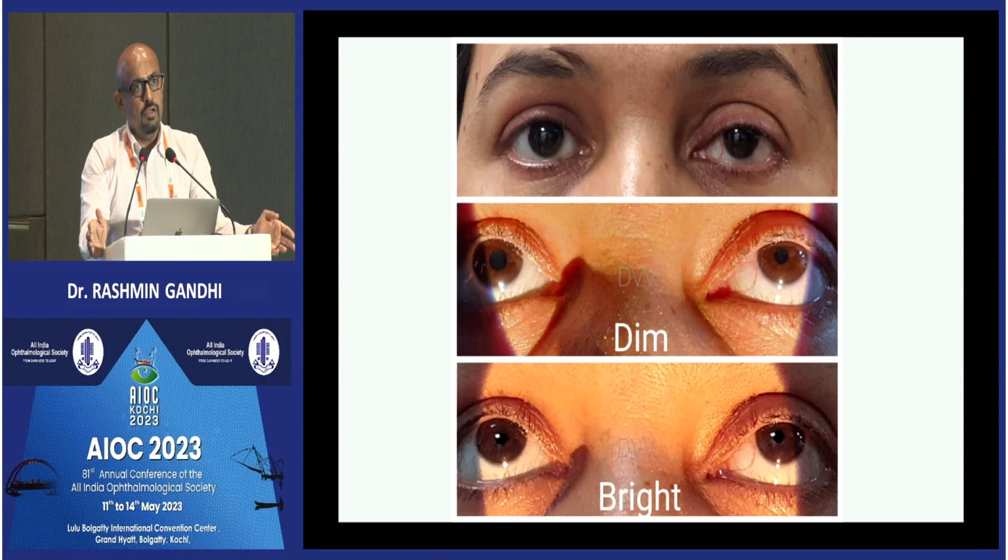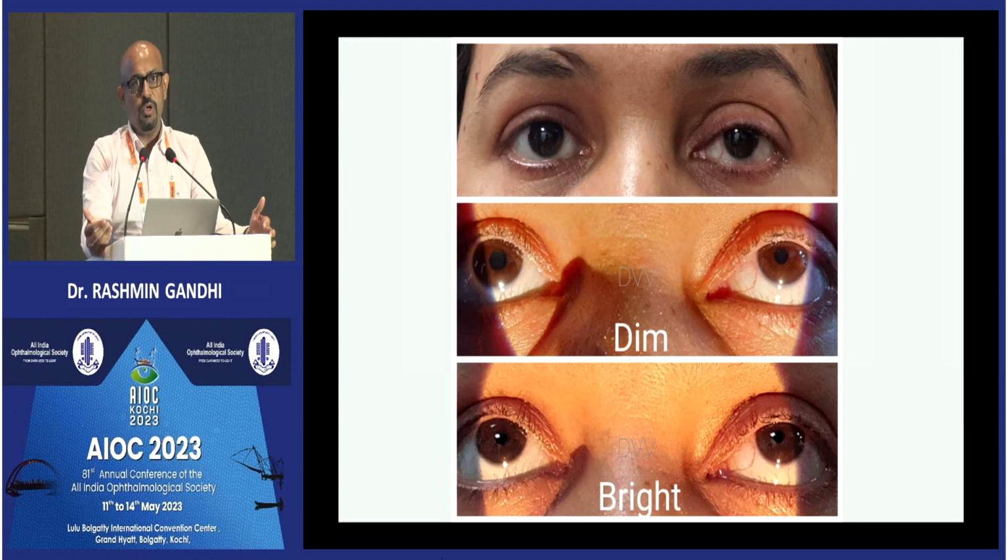In other words, we want to see what's happening to anisocoria in a bright environment versus a dim environment. Here, you see that the anisocoria is much more in a dim environment. So in a dim environment, when the room lights are off, normally pupils are supposed to dilate.